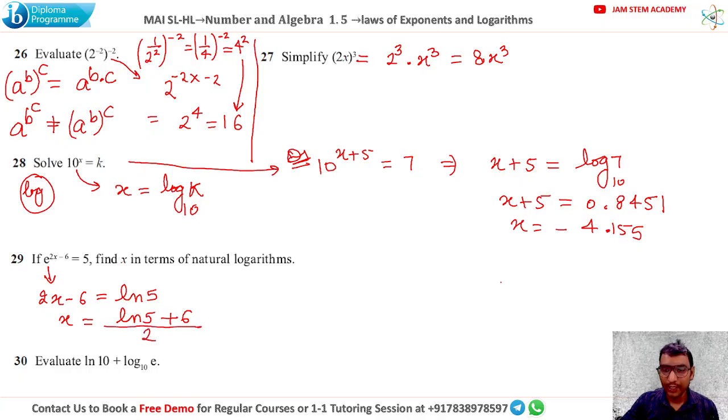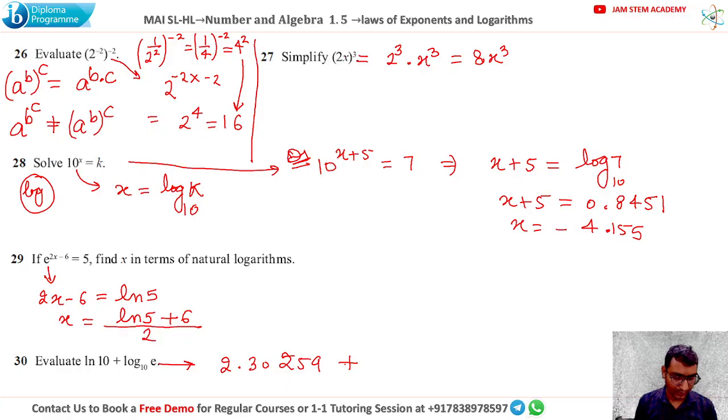That's my answer. Okay. So the next part is evaluate log base e of 10 plus log base 10 of e. So find the value of this using the GDC. So in the GDC, if you enter these two values, natural log of 10, you can use your own calculator and verify your result with mine. Okay. So natural log of 10 comes out as 2.30259 plus, this time, log base 10 for the e. e is an exponential number as I said.